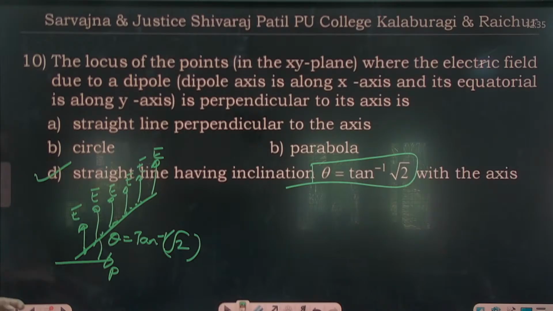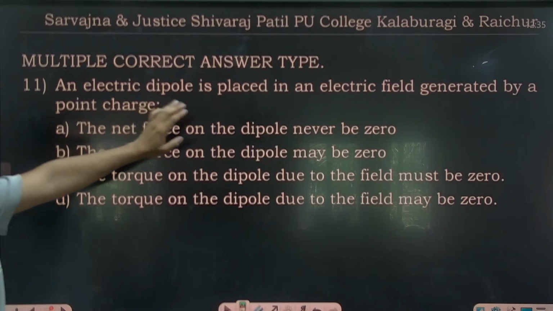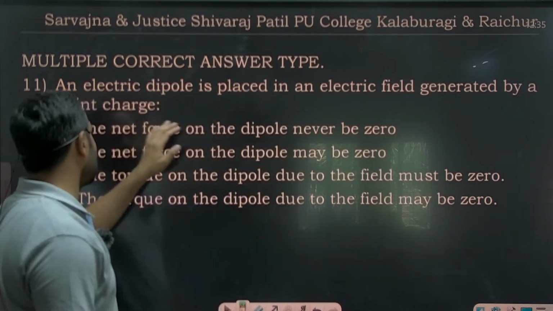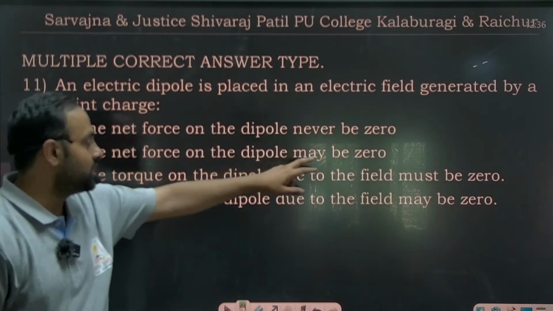Then this is also easy. An electric dipole is placed in an electric field generated by a point charge. Now the net force on the dipole: never be 0? The net force on the dipole may be 0.